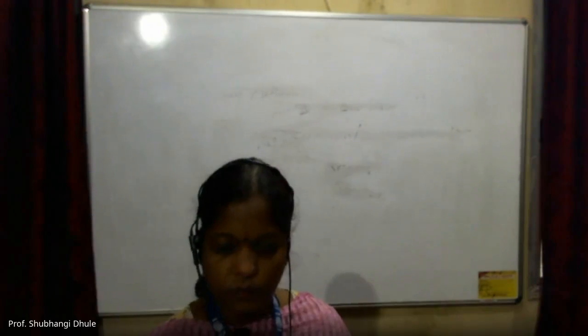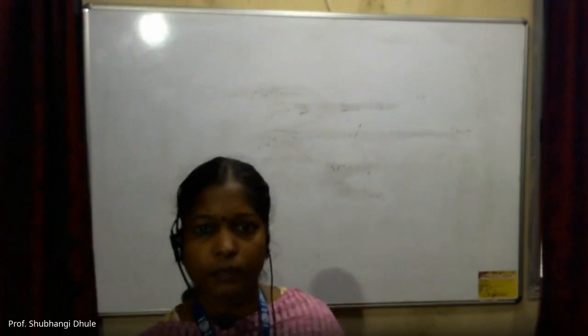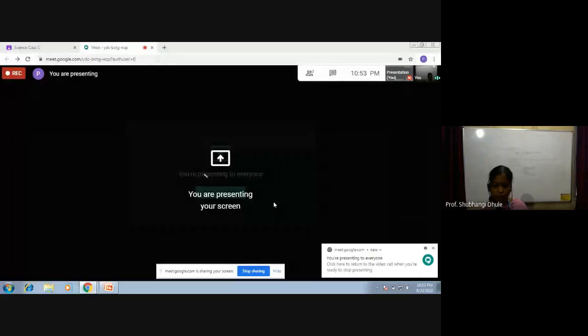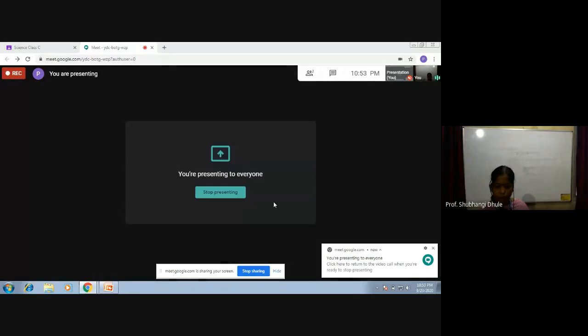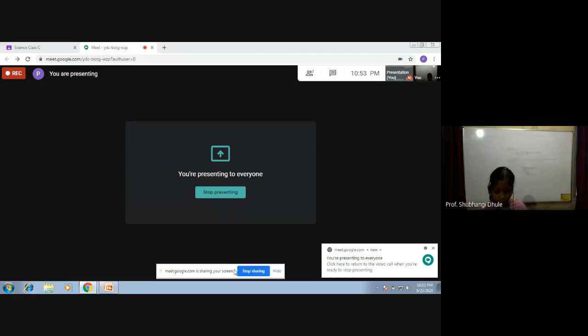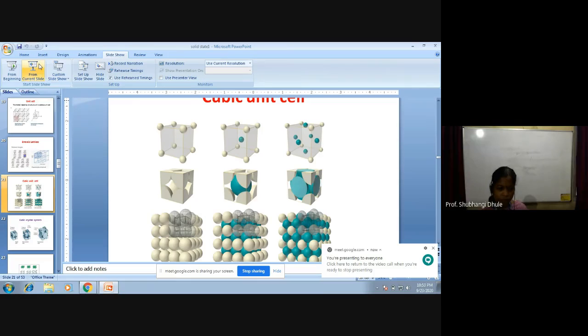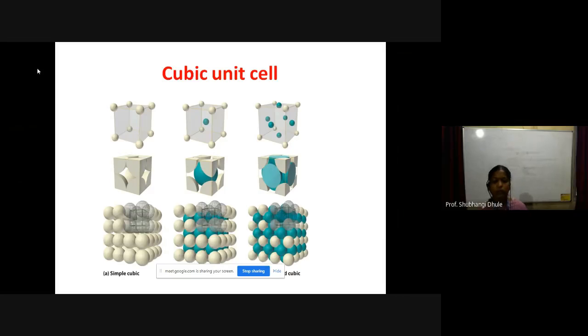So in the last lecture we were up to the cubic crystal system, and we have already learned that the corner particles are shared by 8 unit cells, and hence the single unit cell will have the 1/8 part of the constituent particle which is at the corner.